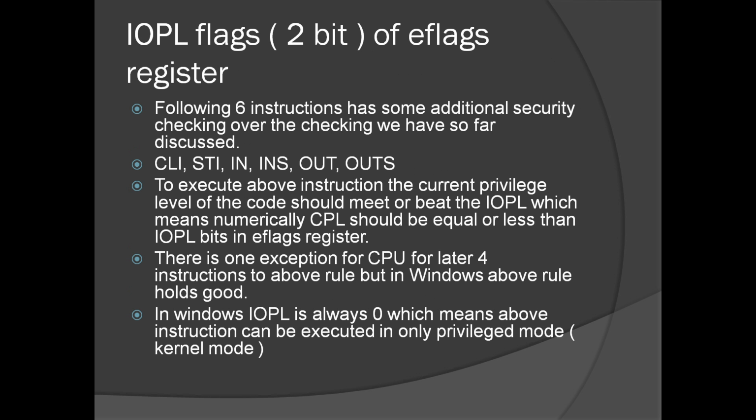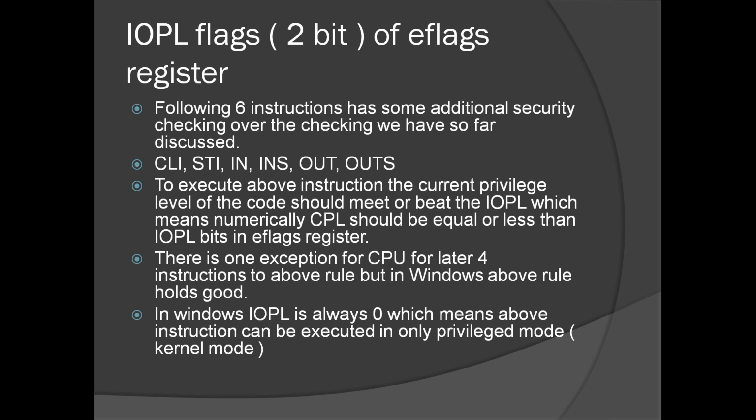There are a couple of things more we have to discuss, so I'm not going into the details of them. The following 6 instructions have some additional security checking over the checking we have discussed so far: CLI, STI, INS, OUTS, and so on. All these 6 instructions will check additional bits in the EFLAGS called IOPL.